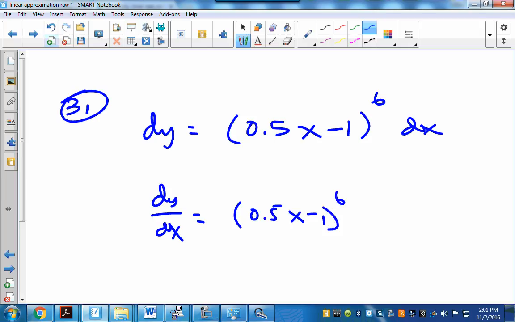And the task was, what was y? Well, we know we add 1 to the power, so I suspect that there was a 0.5x minus 1 to the 7th, which is a good start. But that didn't give you the right answer. So 1 over 7, that's a good start, but that still doesn't give you the correct answer. You also need to multiply by 2.